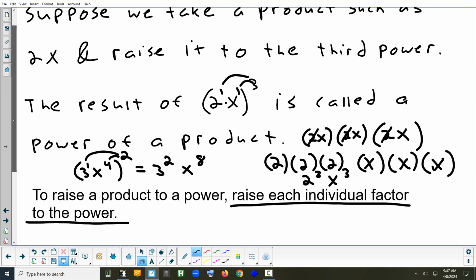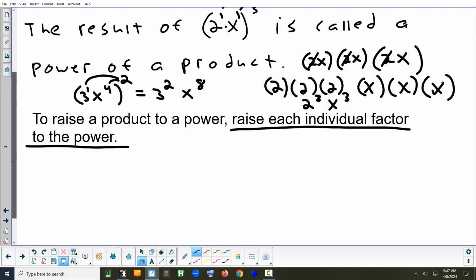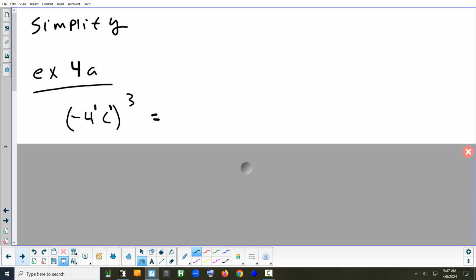So the directions say raise each factor to the power. Here's the first factor, negative 4. What's the power on the outside that we're going to raise this to? 3. So we're going to start with that.